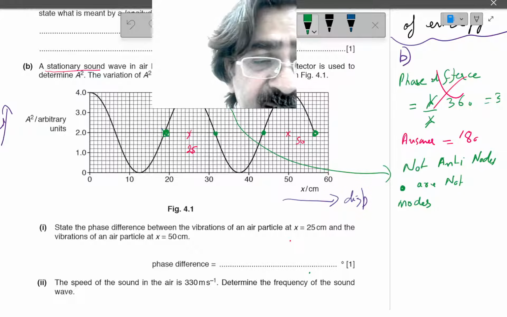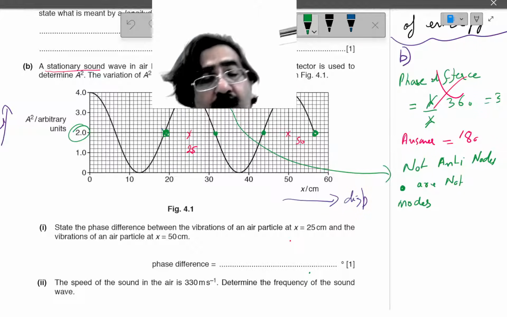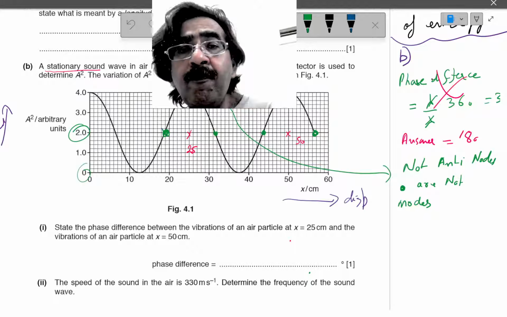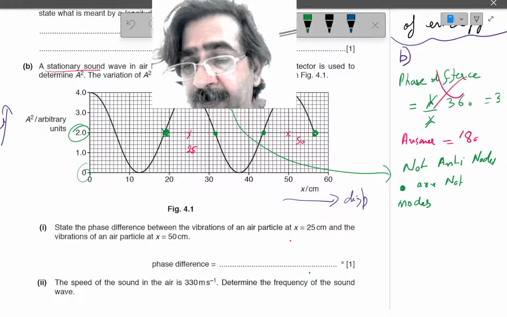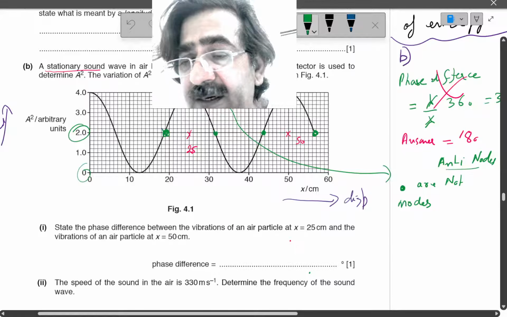Why? Because at nodes the displacement will be zero, and here it is not zero. Sorry, these are antinodes.